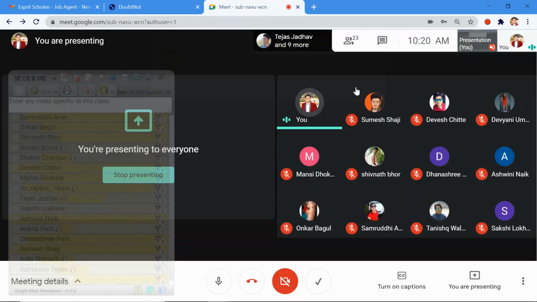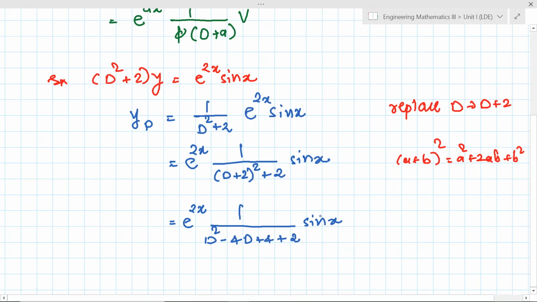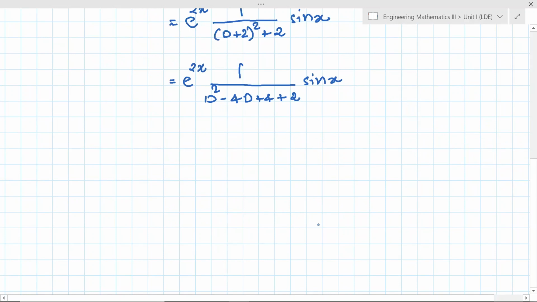Hope you have got this. Then what I get here is e raised to 2x into 1 upon D square plus 4D plus 6 into sin of x. Now replace D square by the second case, sin(ax plus b).